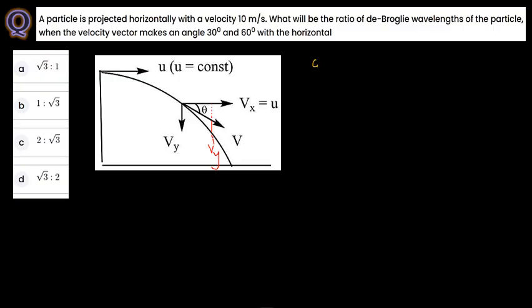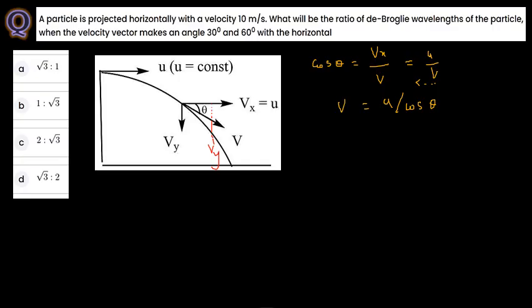Cos theta is adjacent side by hypotenuse. The adjacent side here is Vx and the hypotenuse is V, the resultant vector. So cos theta is u divided by v. From here, v is equal to u divided by cos theta.